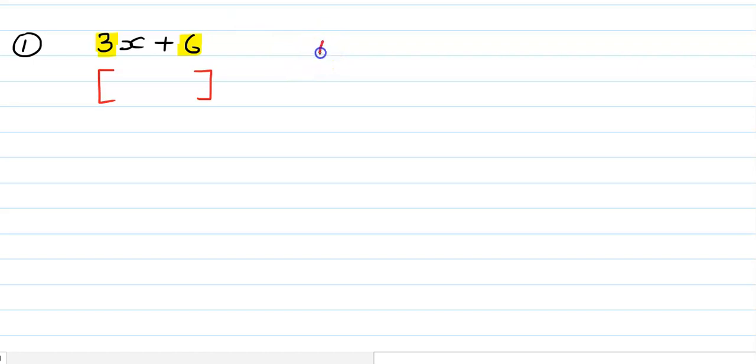Our main focus is the highest common factor. So we are looking for the highest common factor. In which timetable do 3 and 6 come? Definitely in the 3 timetable, 6 comes, so you can write down 3 outside.